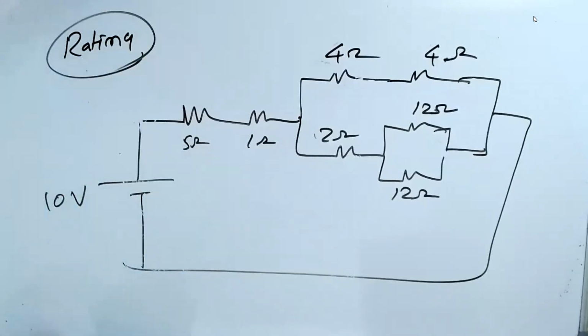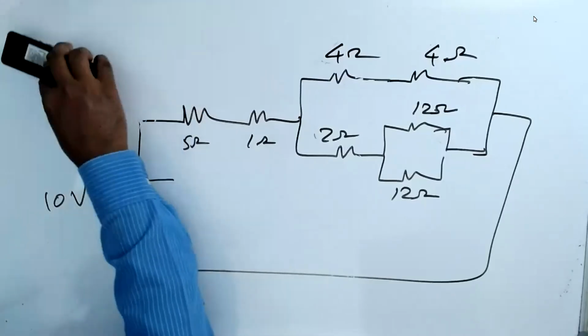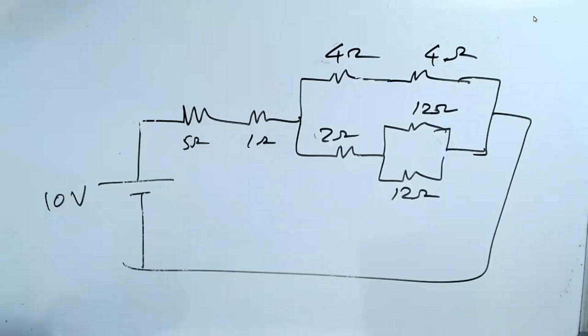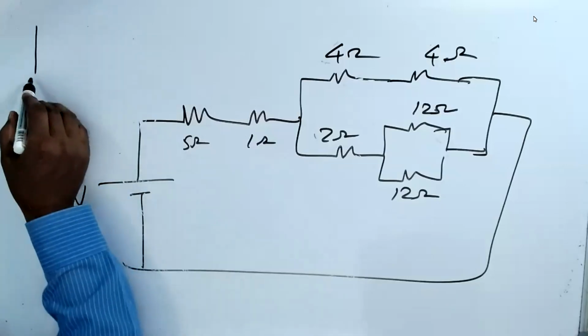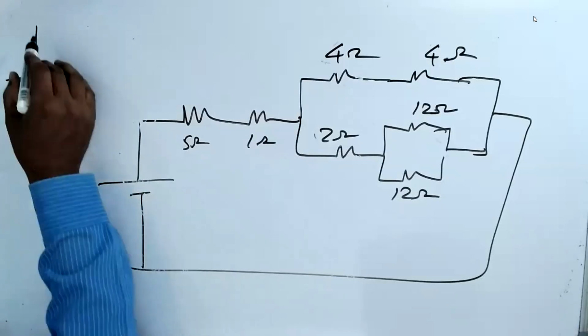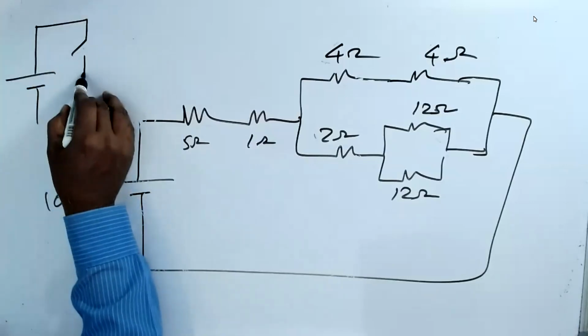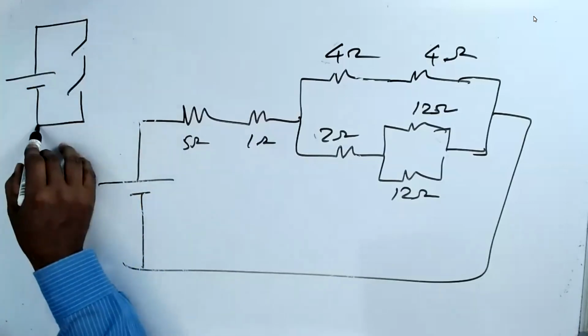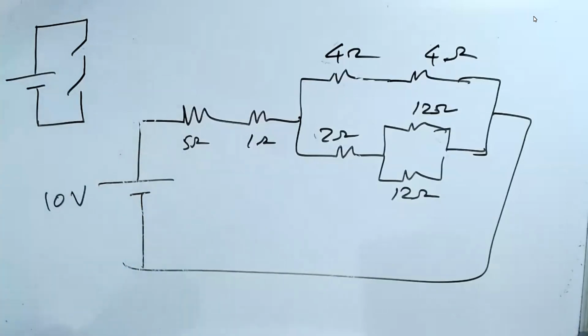Sir, I mean to say that if both are off. Sorry, by mistake I typed on. If I connect 10 volts, and keep both the resistors open, switch off. Yes, exactly. Okay, this is what you wanted.